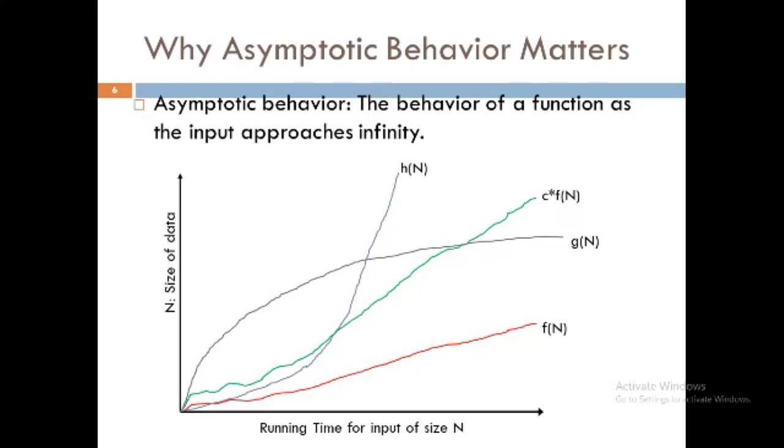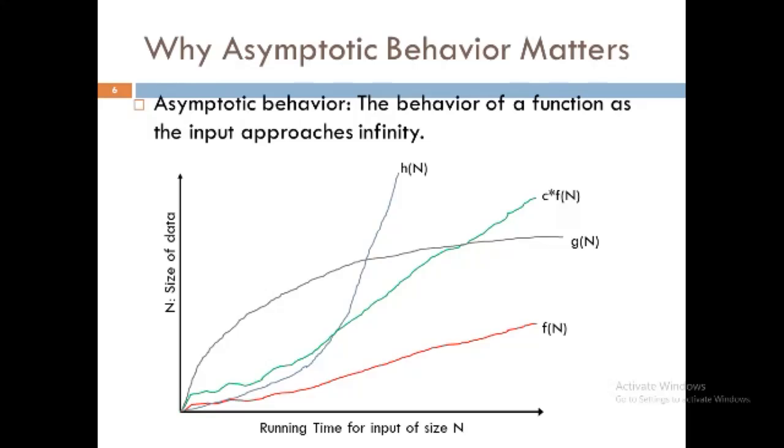Let us take on the x-axis the running time for the input, given by capital N, and on the y-axis the size of the data we have taken. The Stirling formula for factorial is n factorial approximately equal to n to the power n into e to the power minus n, root of 2 pi n, and inside the bracket we have 1 plus 1 by 12n plus 1 upon 288 n square plus so on, as n tends to infinity.